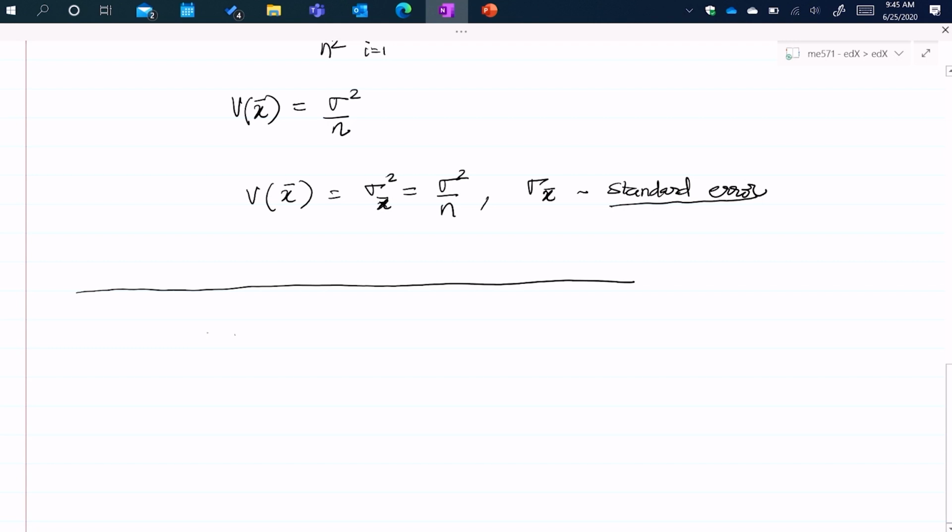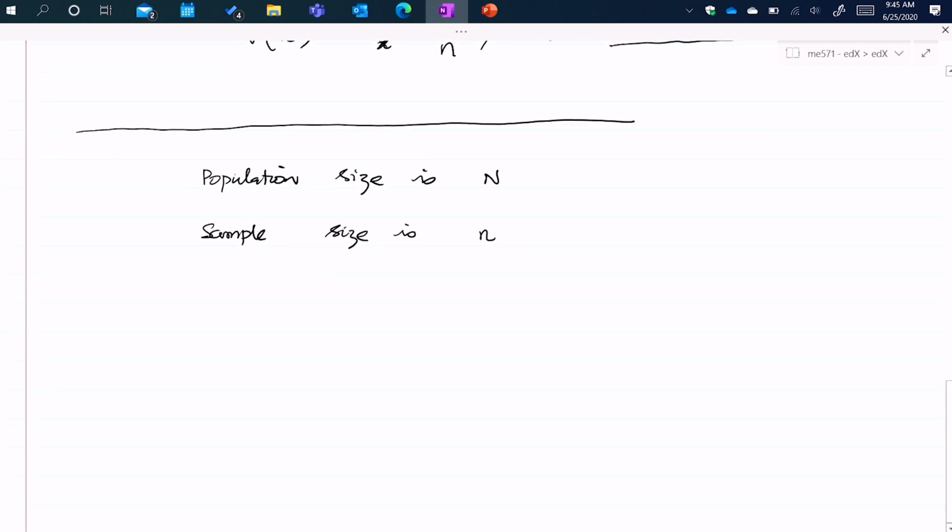Let's assume that the population size is capital N, and the sample size is little n.